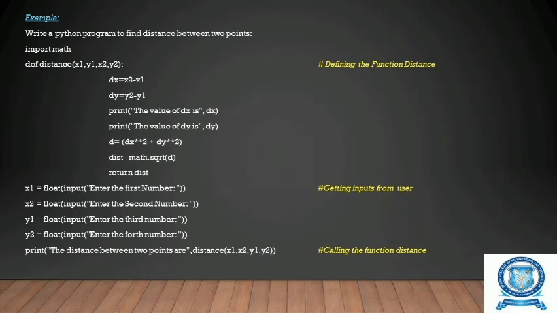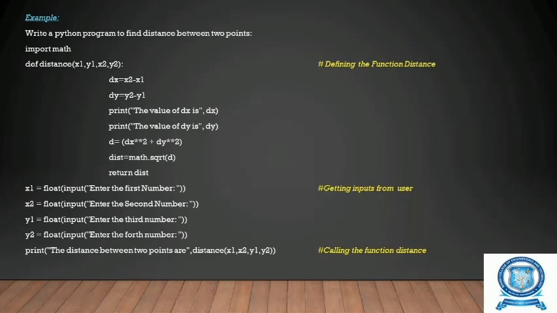So, x1, x2, y1, y2 are obtained as input. We are giving them as input here. The first number will be given as x1, the second number as x2, the third number as y1 and the fourth number as y2. After getting all these points, the next one is the distance between 2 points, distance of x1, x2, y1, y2.